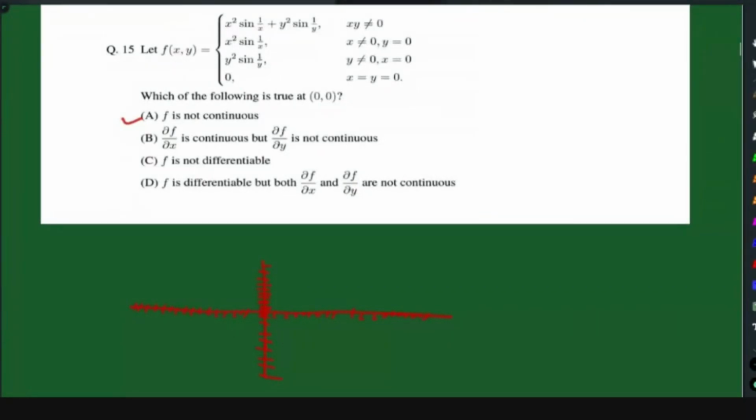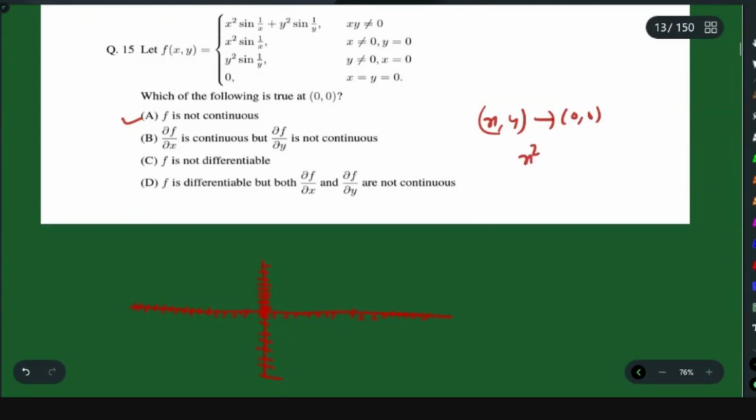So where does this x square sine 1 by x go? This again goes to 0 by the modulus argument, right? Because you can bound the sine 1 by x between 1 and minus 1. So x square will go to 0, so this function will go to 0.